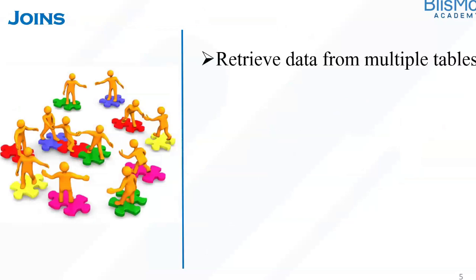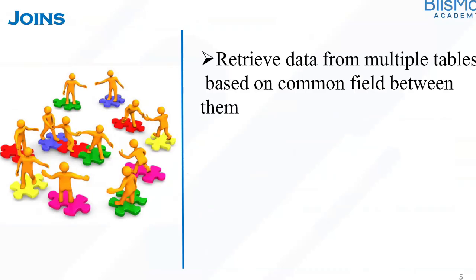Whenever we want to retrieve the data from multiple tables based on the common field, please pay attention here. We are able to join two tables provided we have a common field.